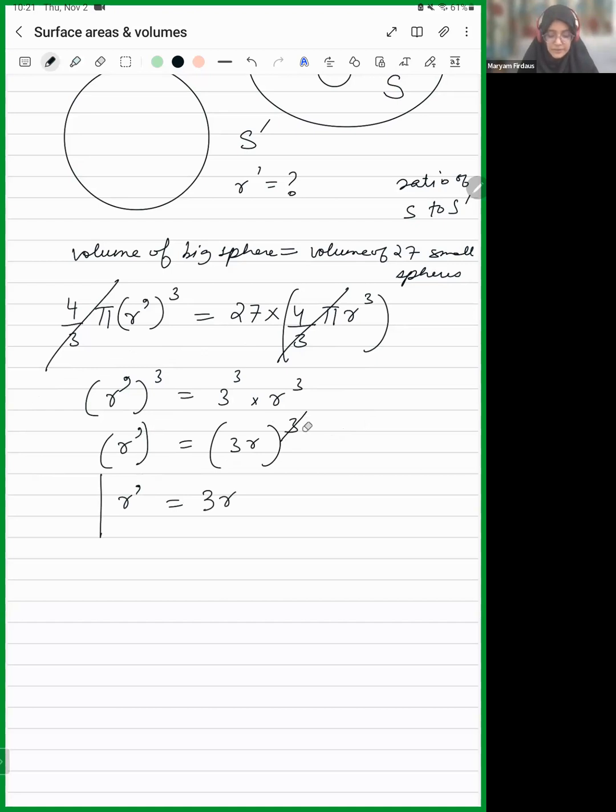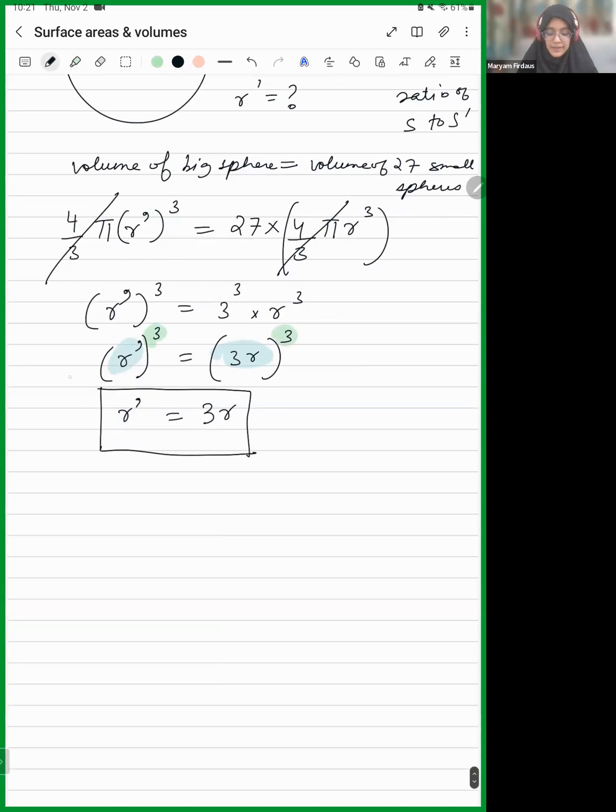Okay. So from here, when we compare both these things, we will see that r dash is equal to 3r. So r dash is equal to 3r, we found it. They asked us to find it, and this is the answer for that part.